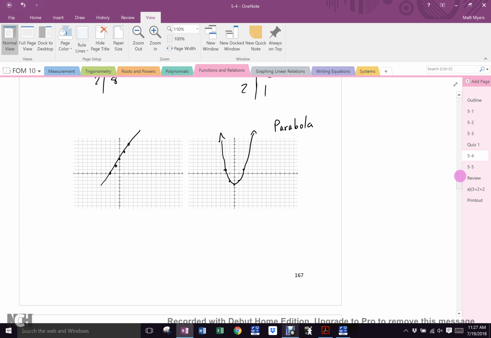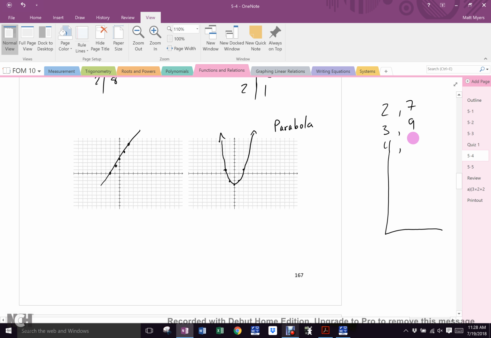If the question says to sketch a graph, do you need to get out your ruler and make perfect graph paper? No. If you have graph paper, you're welcome to use it. Otherwise, just sketch it. So, for example, you have a point at 2, 7, and 3, 9, 4.